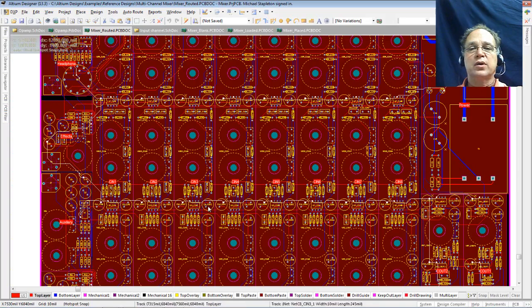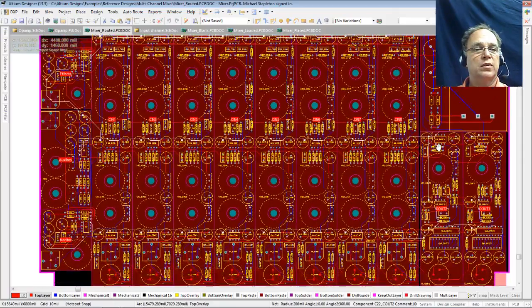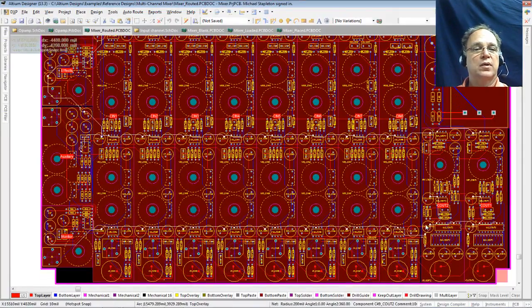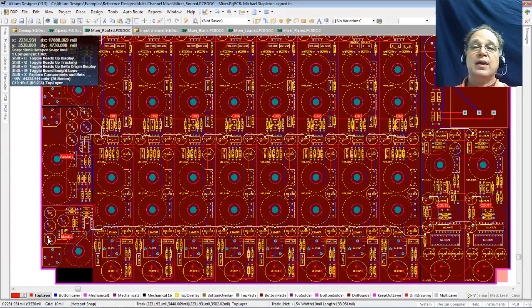Now it's going all the way across the board again. Comes way over here, comes down here, keeps going all the way across the board again, all the way to here. So now I have a long, thin piece of copper feeding the power to all my components on this board.